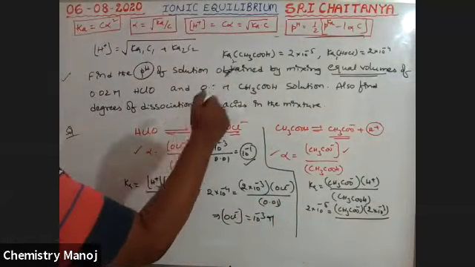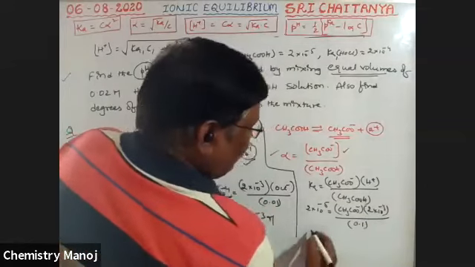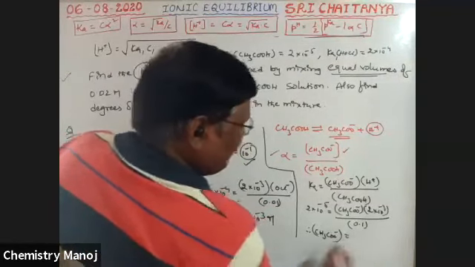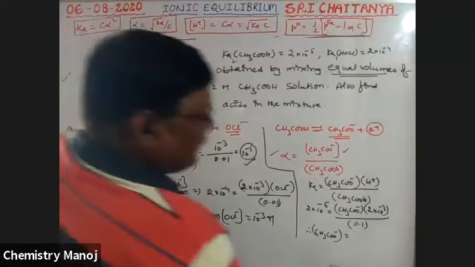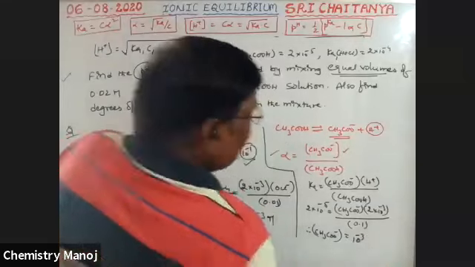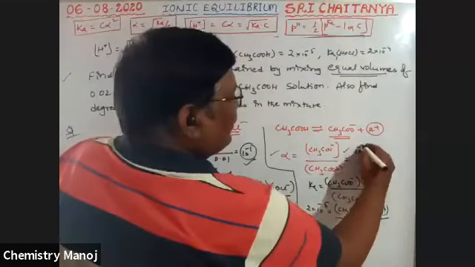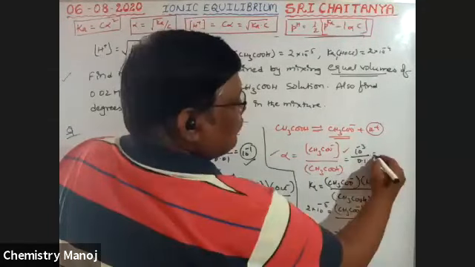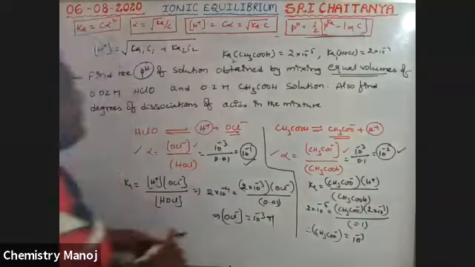Actually it is 0.2, but divided by 2 it is 0.1. Therefore, the CH3COO minus concentration is 10 power minus 3. Therefore, alpha is 10 power minus 3 by the acid concentration 0.1, that is 10 power minus 2 is the alpha value.